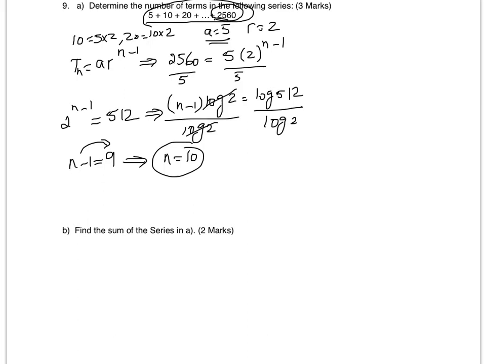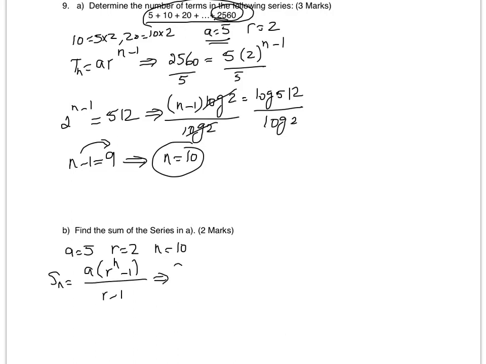In this series, I know that a is 5, r is equal to 2, and n is equal to 10. The series is a geometric series, so I can use the formula which says that Sn is equal to a times r to the power n minus 1, divided by r minus 1.